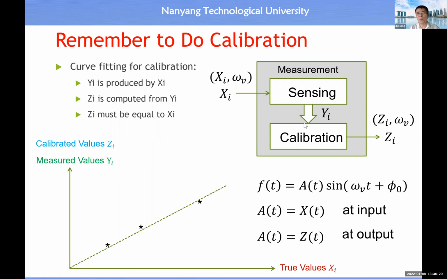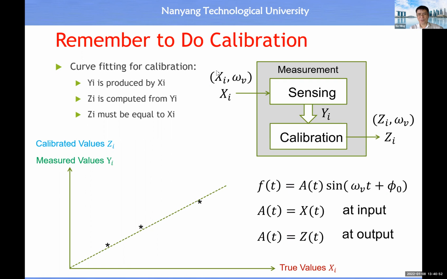Normally the sensing element will preserve the frequency. Therefore the calibration is just to calibrate the amplitude A. Here Xi represents the amplitude of the reference vibration signal, and V represents the frequency of the reference vibration signal.